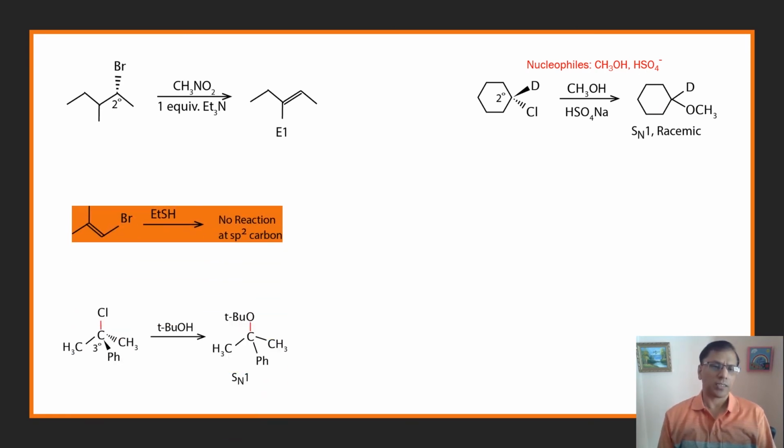So let's look at another example. If you look at this example right here, remember that you cannot have a nucleophilic substitution or elimination reaction at sp or sp2 carbon atoms. So this is an sp2 carbon, and so no reaction will occur, although this is a good nucleophile.